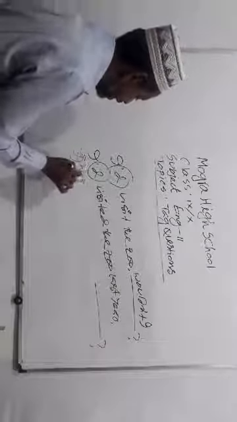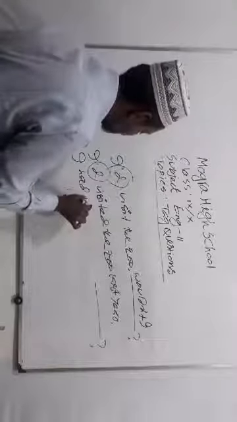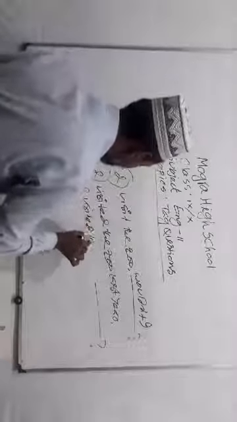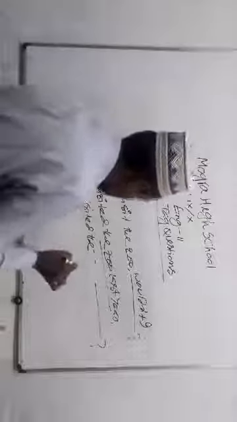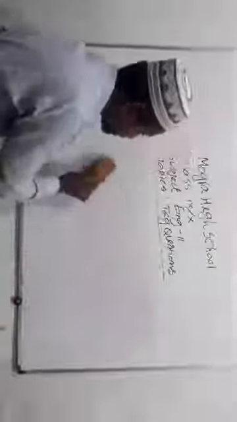I had visited the zoo. Here apostrophe d means had. This is why the answer will be hadn't I. Okay, dear students, if you practice more and more, I think it will be clear for you. In our next class, we will discuss the rest of the topics about tag questions. Okay, thanks. Goodbye. Allah Hafiz.